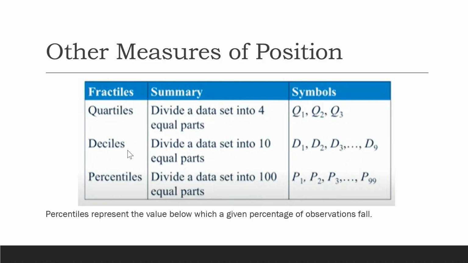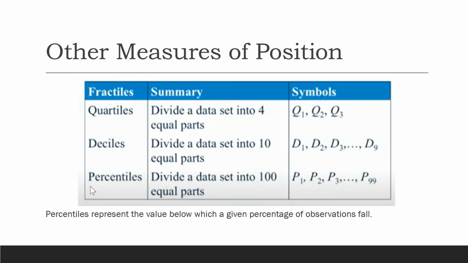But another type of measure of position that we're going to be focused on here would be your percentiles. And percentiles basically divide a data set into 100 equal parts. And they represent the value below which a given percentage of observations fall.